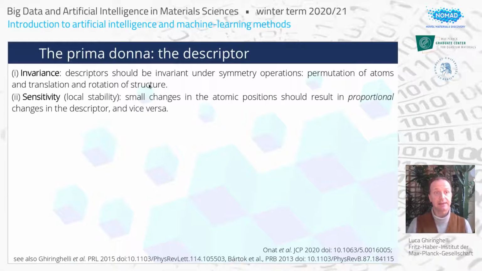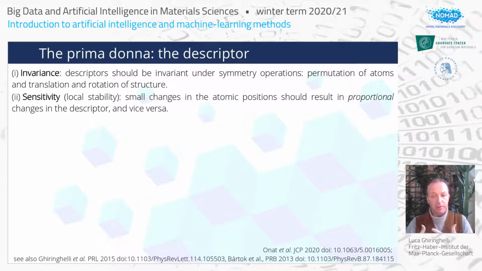Another property is the sensitivity. So small changes in the atomic position should result in proportional changes in the descriptor and vice versa. This is quite important in order to allow the learning algorithm to react smoothly to the change in the descriptor. If the descriptor changes abruptly already by little changes of, say, coordinates or material composition, it will be hard for the model to follow and describe what is going on.